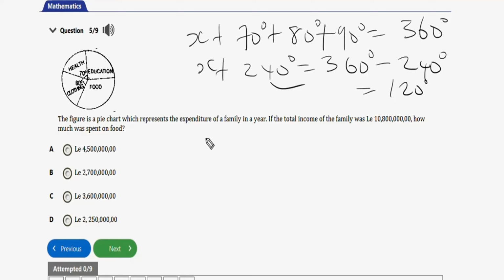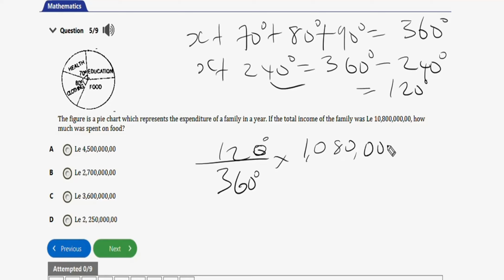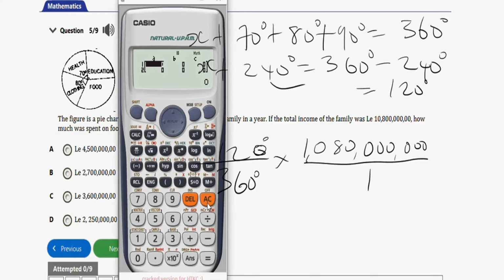So at this juncture, to now get how much was spent on food, it will be 120 degrees over 360 degrees times the amount we have here, 1 billion 80 million. Let's punch this on the calculator. Let's wipe this, press mode, press 1.